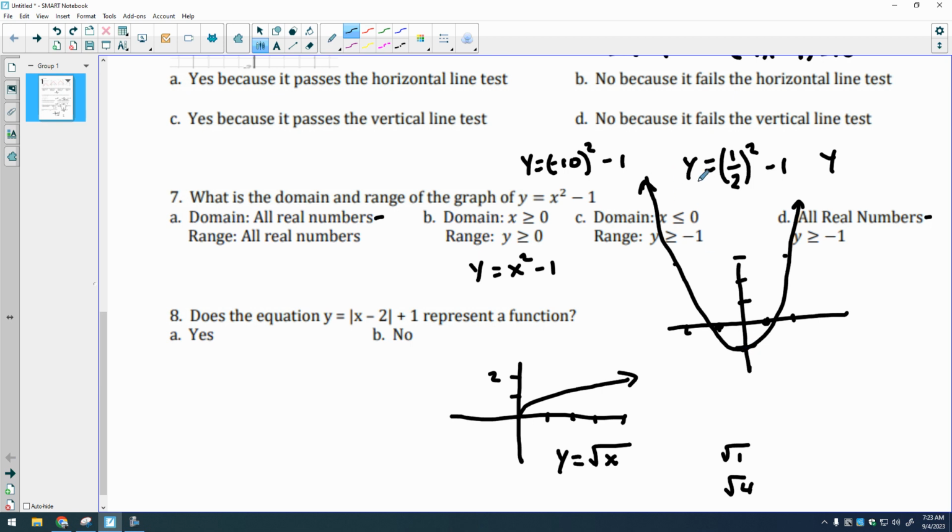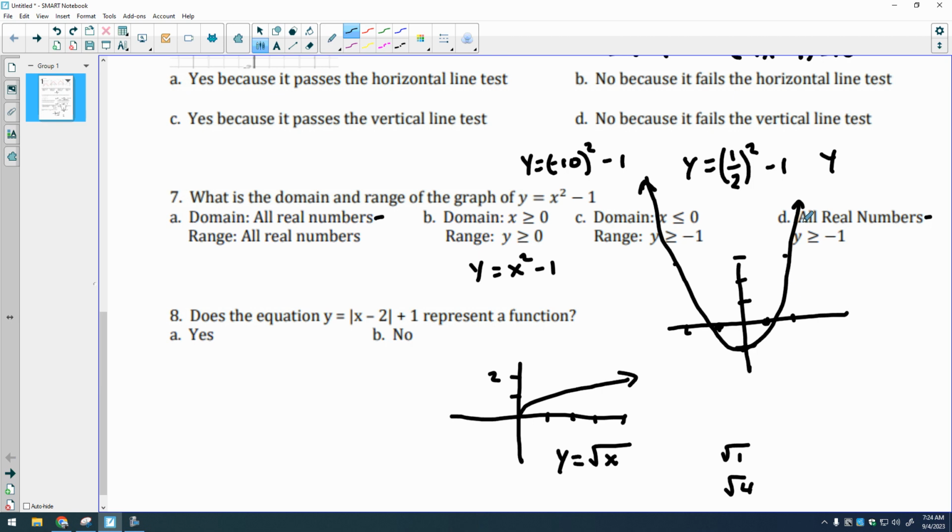So my y values start way up here. As I plug in numbers for x that are closer to 0, my y values get smaller until I reach this negative 1. Then when I plug in values for x that are positive, my y values start getting larger again, and they just keep on going forever.